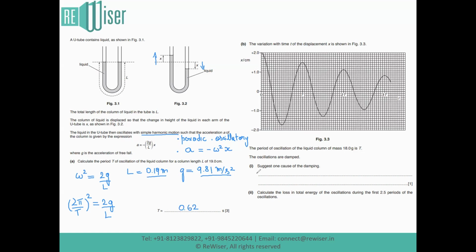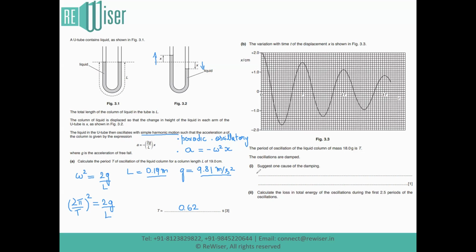So in a simple harmonic motion, or when a body executes simple harmonic motion, in an ideal condition, we assume the amplitude to be a constant or the maximum displacement to be a constant. But if the maximum displacement or the amplitude periodically keeps on decreasing over time, such an oscillation is called a damped oscillation.